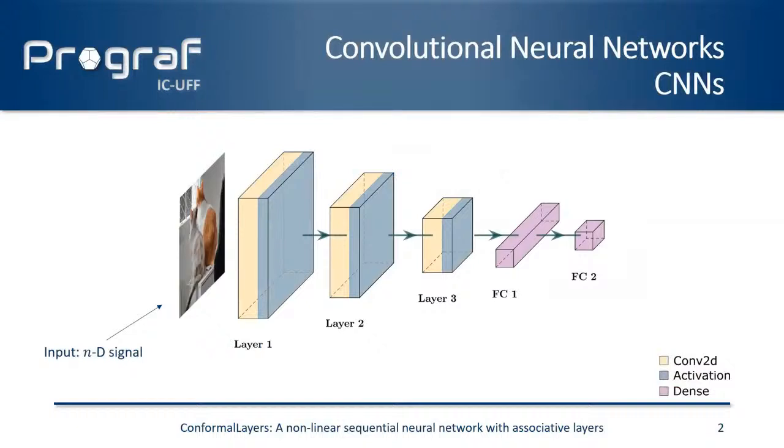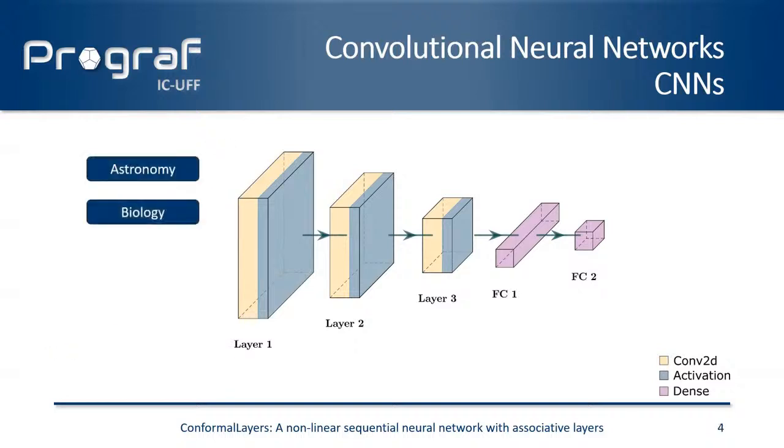Due to the nature of the convolution operator, CNNs are mostly used to find patterns, compress, and transform ND discrete signals. This fact made convolutional neural networks become popular in many areas like astronomy, biology, robotics, and security.